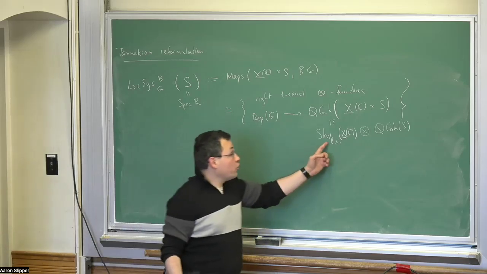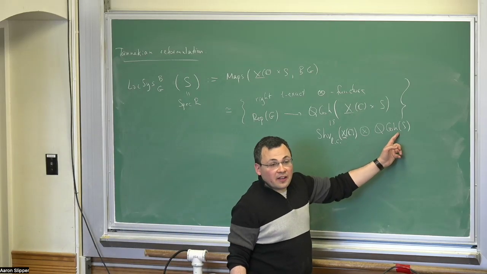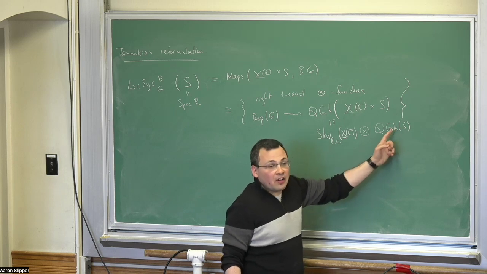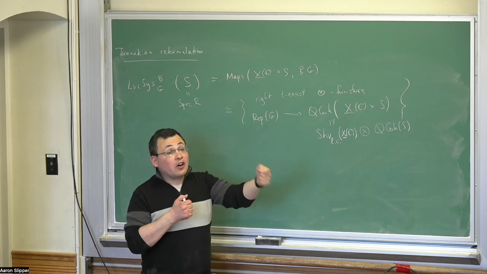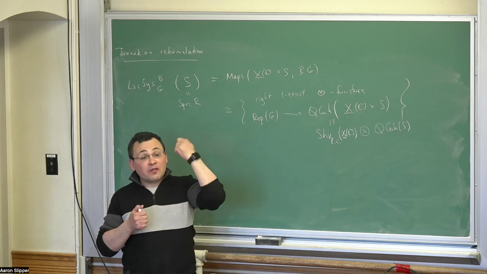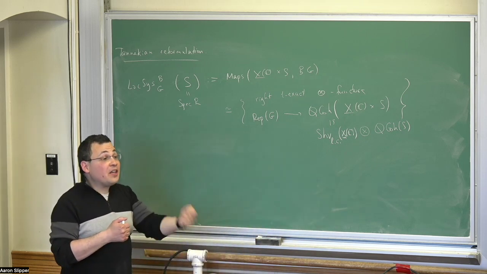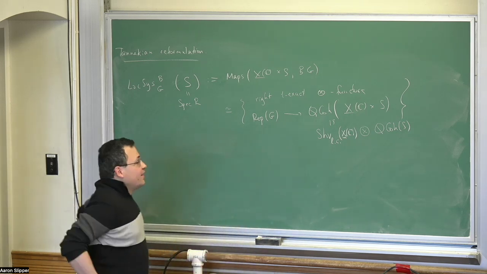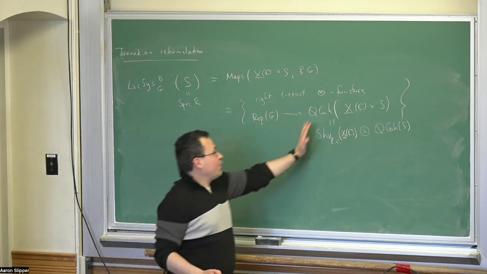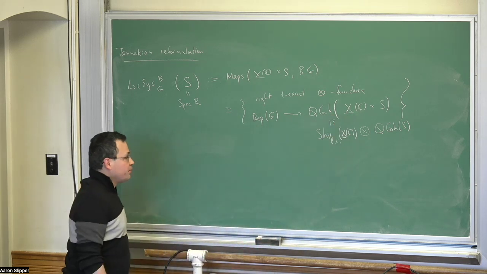This is very important, because if S is Spec R, this is the same thing as locally constant sheaves of R-modules, and if R is infinite dimensional, this is meaningful.